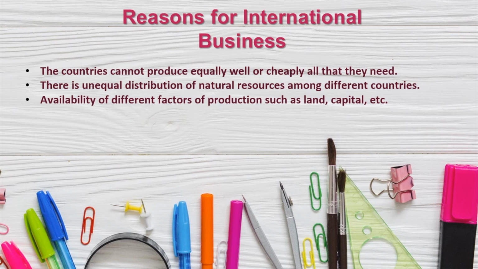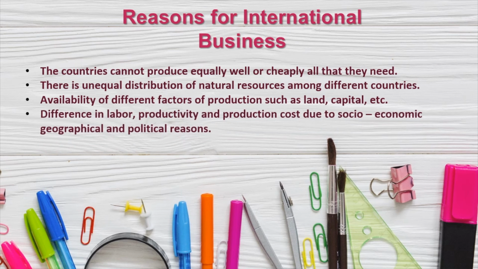The third point is the availability of different factors of production such as land, labor, capital, and raw material differ among the different nations. The fourth point is difference in labor productivity and production cost due to socioeconomic, geographical, and political reasons.